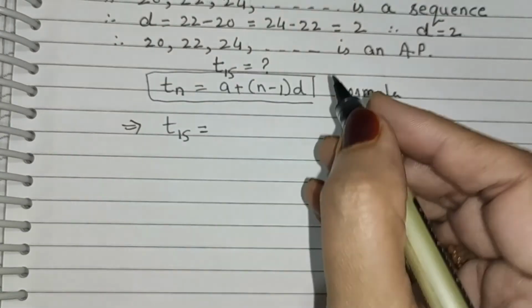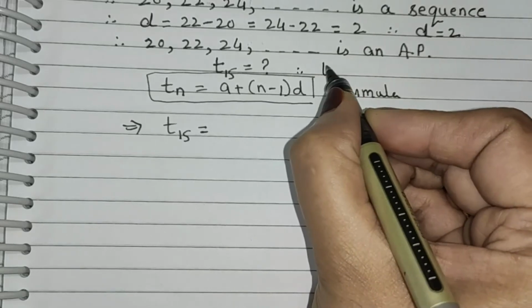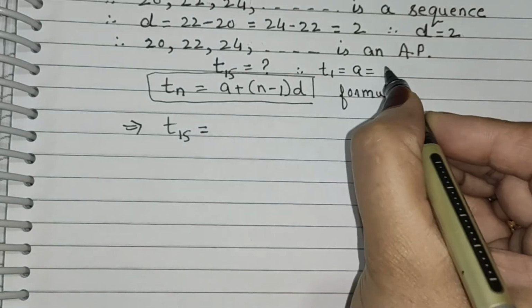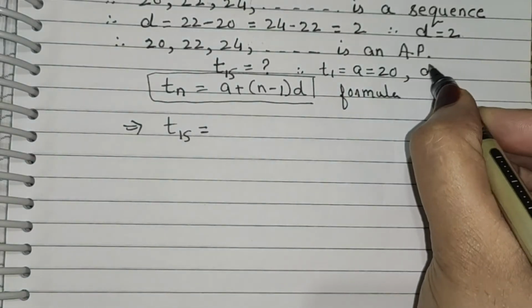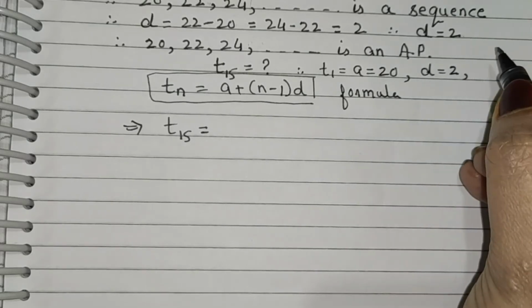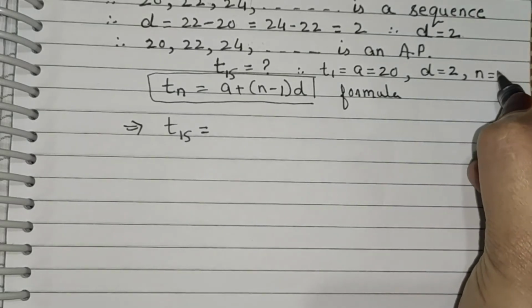T1 is equal to A is equal to 20 and the value of D is equal to 2 and N is equal to 15.